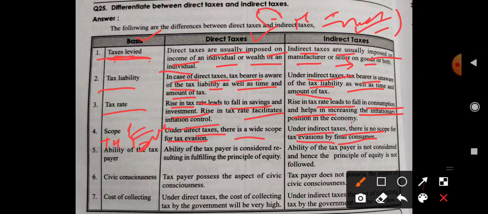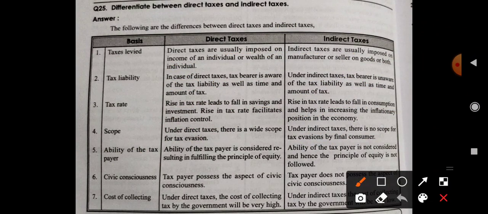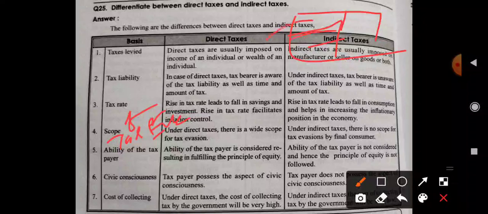But in case of direct taxes there are chances, because so many people have house property and give it on rental basis, one room or two rooms, and they collect the rent in cash itself.